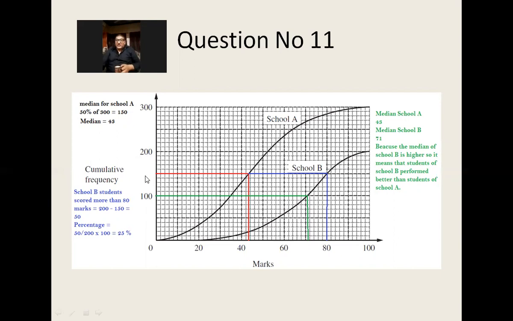So from this cumulative frequency curve, I will go to 150, and from there I will go to the graph of the school A, this red line, and I will check what is the value here. So the value is 43.